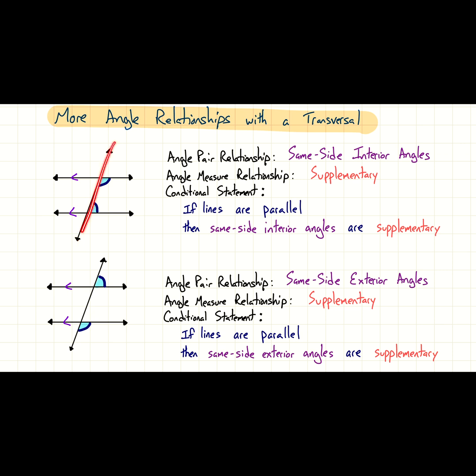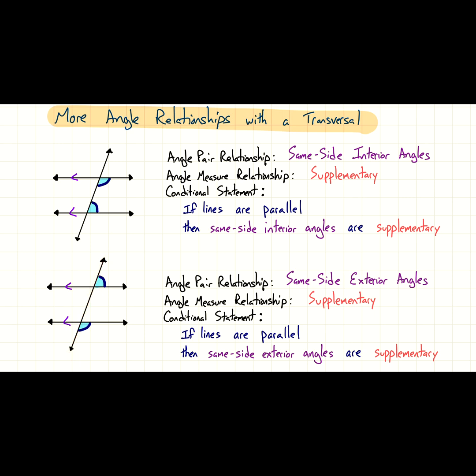So these are same side interior. Now on that one, I'm looking at the parallel lines. Same side interior could be over here, or maybe I could have drawn them over here as well. Here at the bottom, these are also same side, except they're on the exterior. We have those parallel lines, but they're on the same side of the transversal.